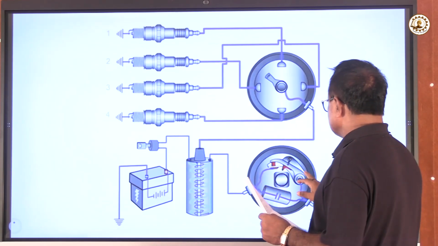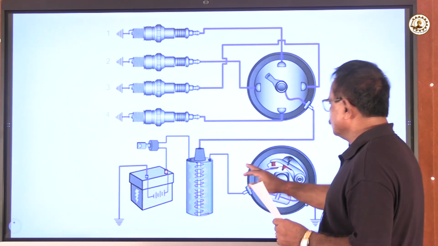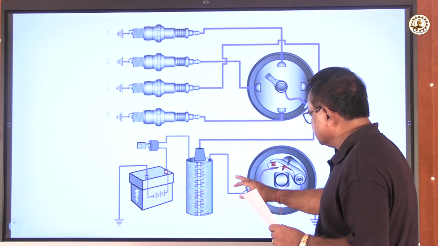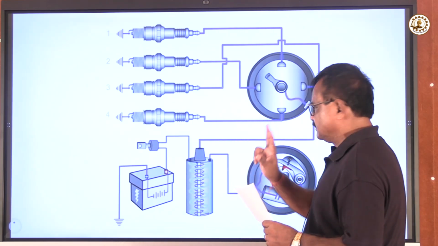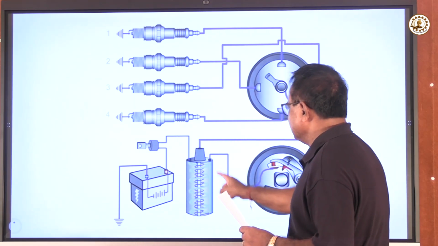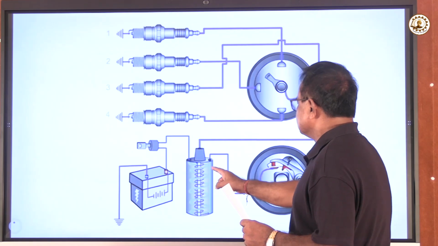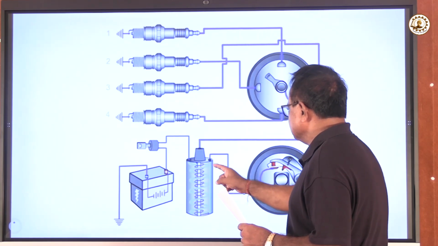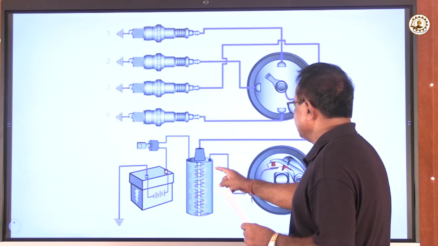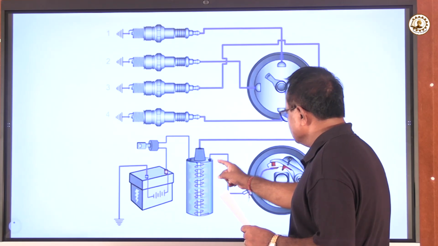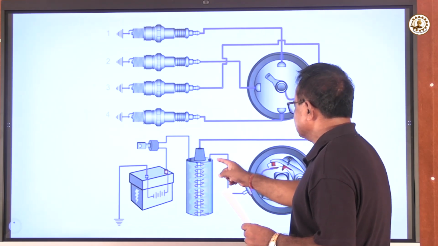The function of the cutout is related to the ignition coil, because the ignition coil has 2 coils. One is the primary coil, this thick one, another is the secondary coil. This is the thin one. It has a greater number of turns of thin wire. The primary coil has fewer turns, but it is a thick coil.